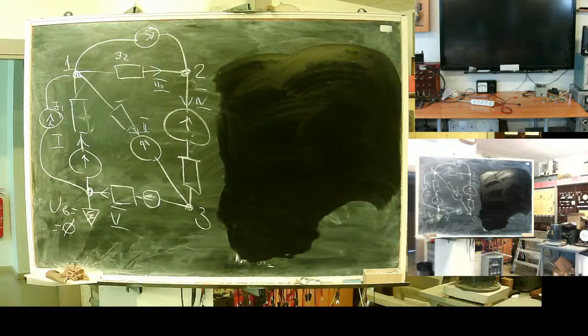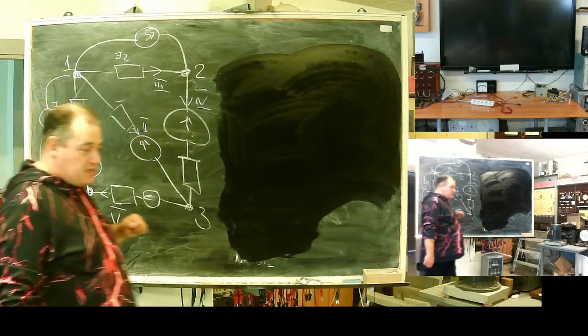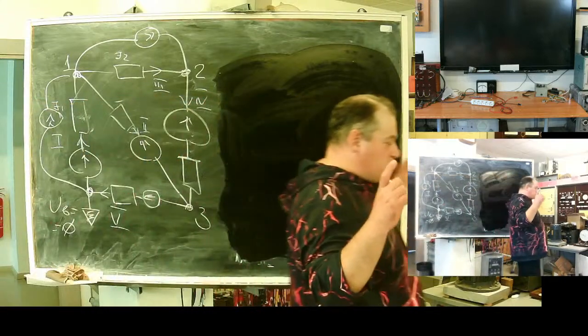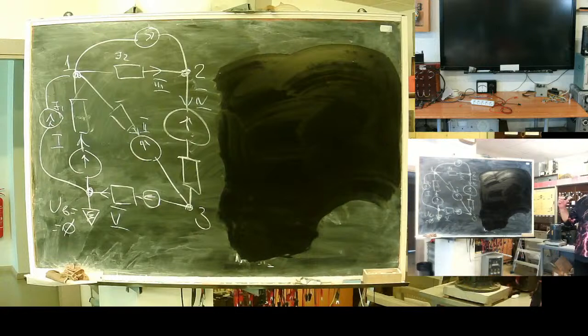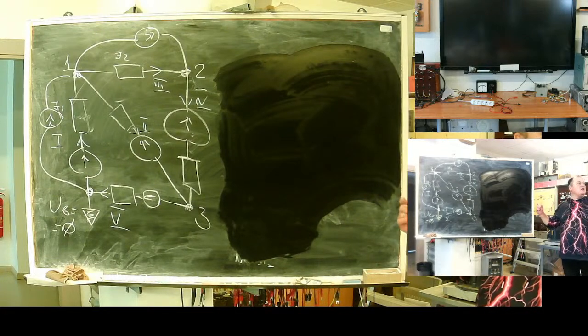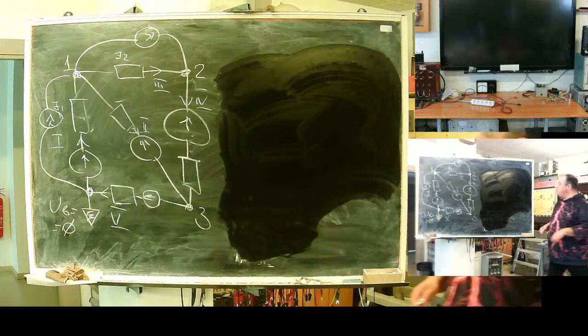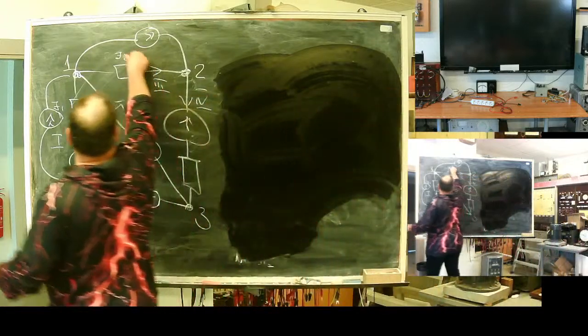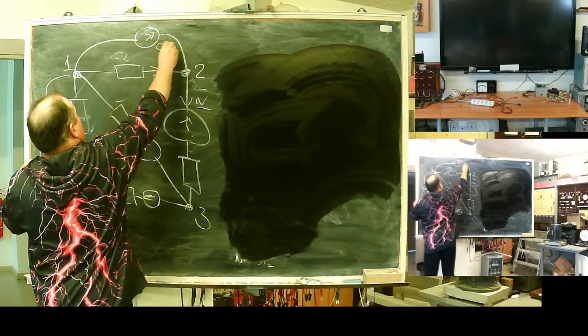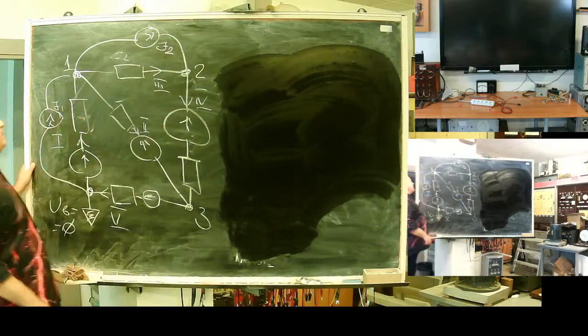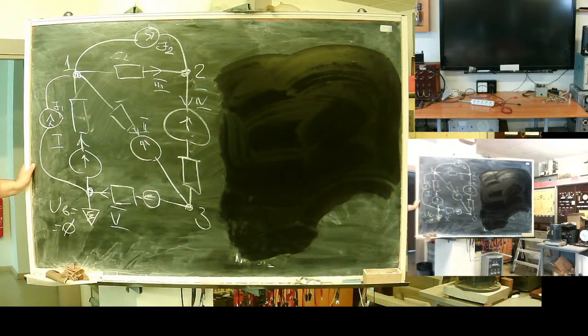What's next? EMF. Now, what about components? This topology matrix only contains information on how the network is connected. What have you connected? I have added a pair of current sources. Okay, just 2. I will count them. What about EMF?